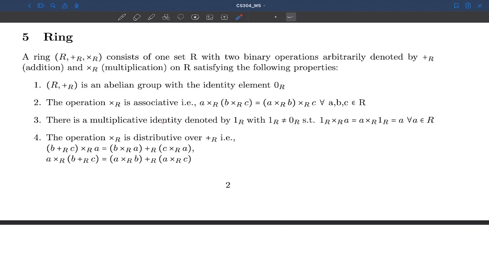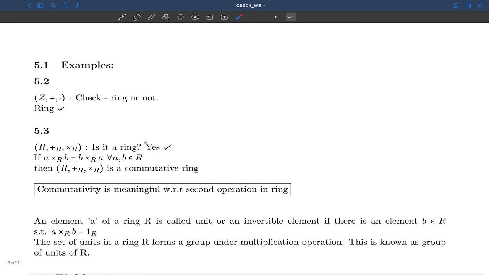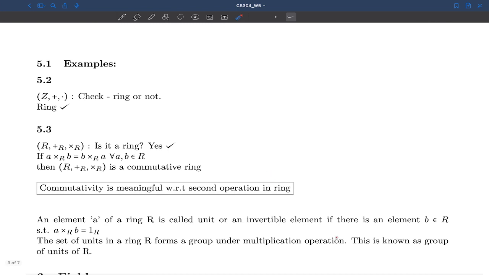So if I extract the invertible elements and put them in one set, then that set will form a group under the second operator. This is known as the group of units of R. I hope you got it.